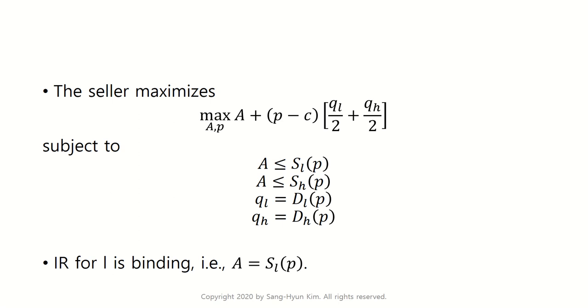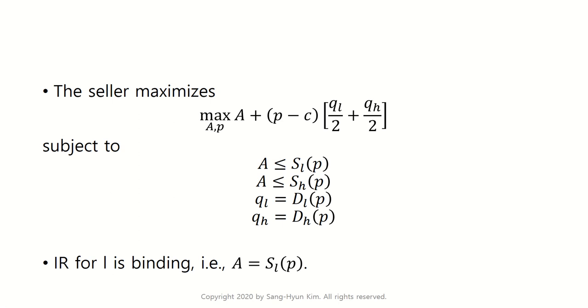Otherwise, you can increase the profit by increasing A slightly without violating the IR constraint. So the argument is basically the same as what we have seen before. You remember how we proved that the IR constraint must be binding.